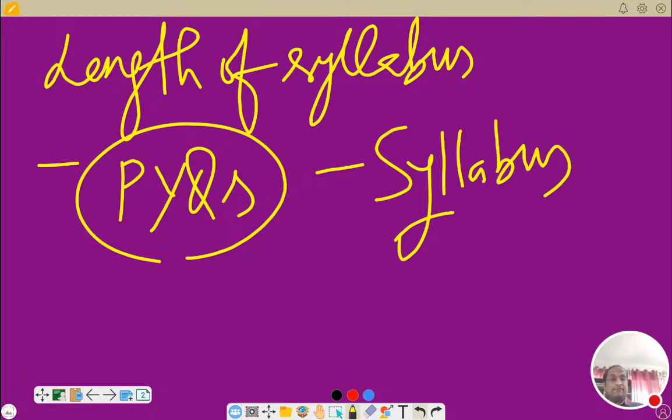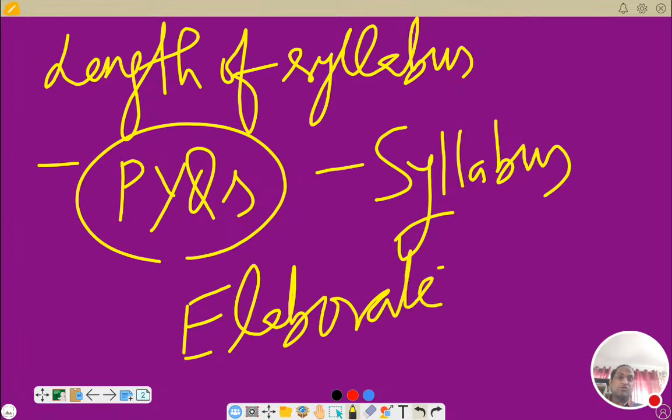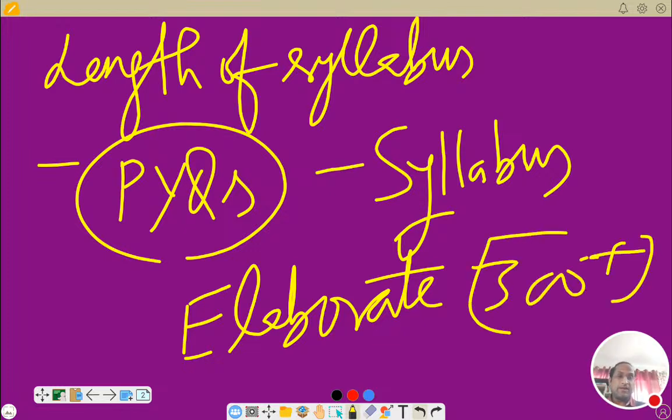Everything has to be given in an elaborate, comprehensive manner, but it should not be made so lengthy that you cannot cover it, cannot understand it, cannot see the connections and interlinkages, and cannot revise in the time frame required. That only restricts you from scores of 300 plus, which we are trying to solve here.